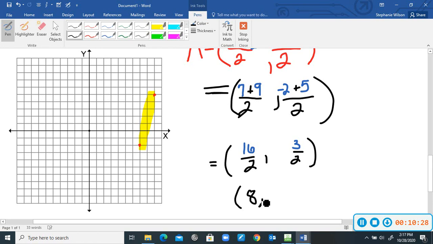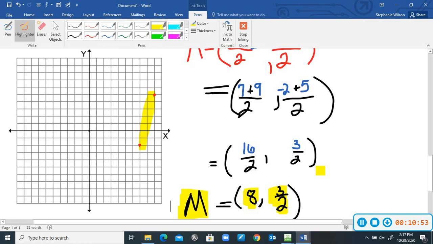Now 3/2 does not reduce. If I need to plot this ordered pair, I would want it in fraction or decimal form, but my final answer needs to be exact, so this would be my final answer. So this is my x value and my y value of where the center is between two ordered pairs.